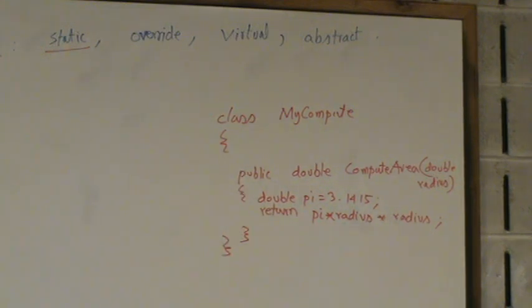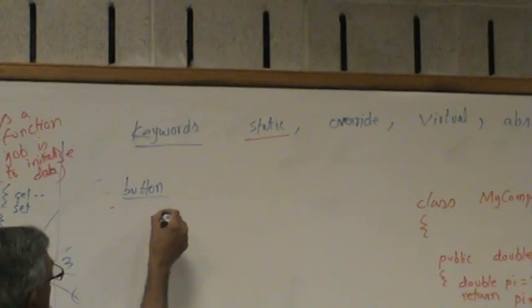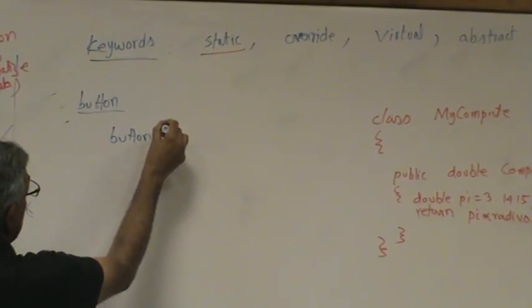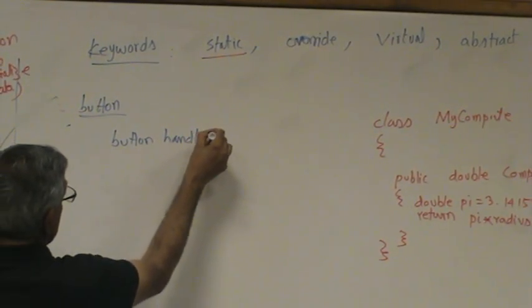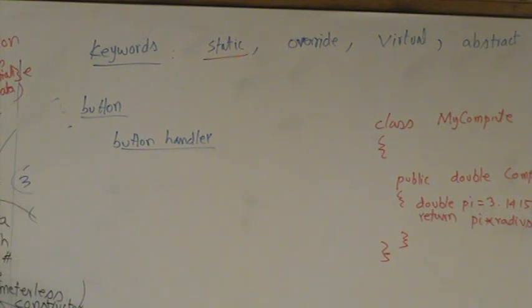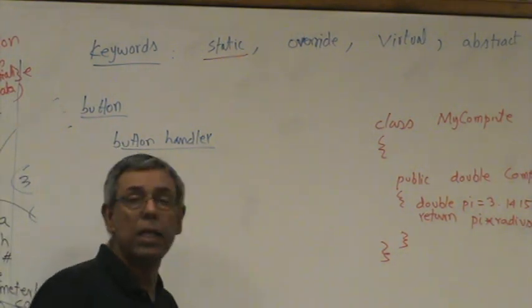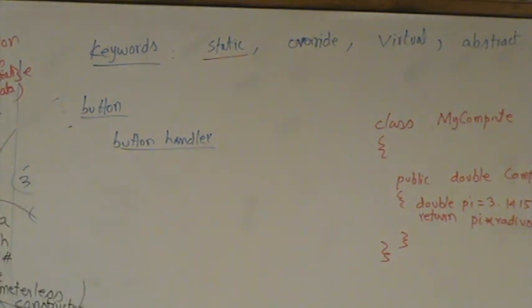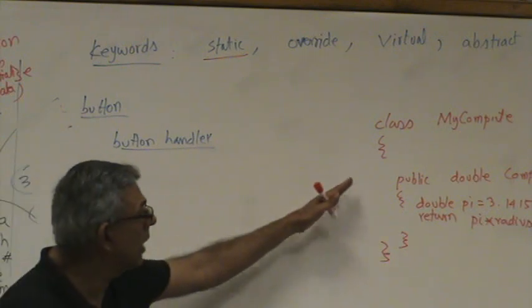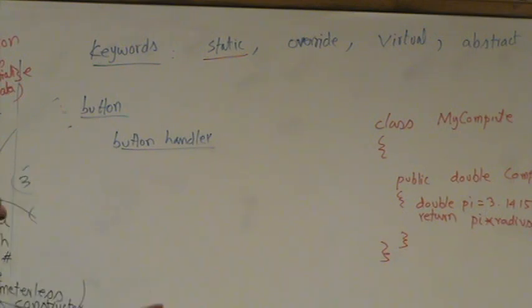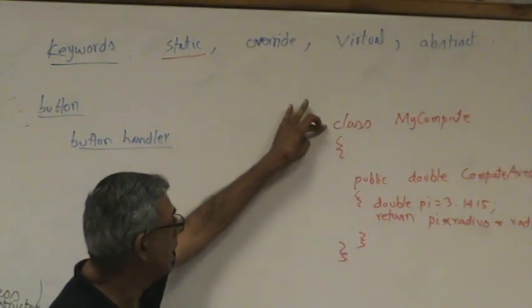So now let's go and create a button in our form. Once we double click on the button, it will take us to a button handler. So if we wanted to call this function, let's say, and have it compute the area of a circle whose radius is 5, as an example, what will our calling code look like? Remember this function exists inside a class.